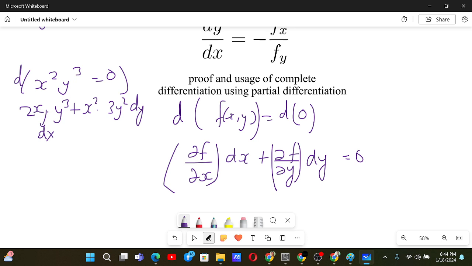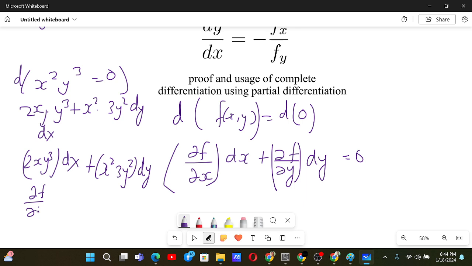Now you can notice that 2x y cube is just the partial derivative of this function with respect to x. Again, this is also just the partial derivative of the function with respect to y. So this is partial derivative of function with respect to x, then we have dx, plus partial derivative of function with respect to y, and then dy. This is basically a property for a function with 2 parameters.